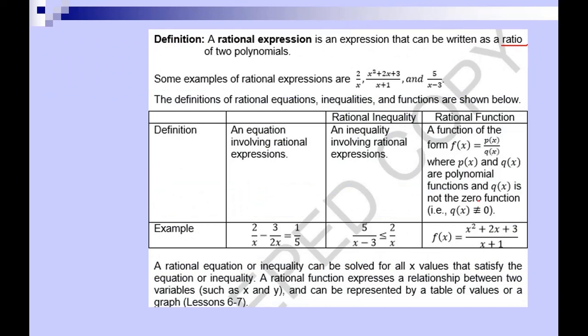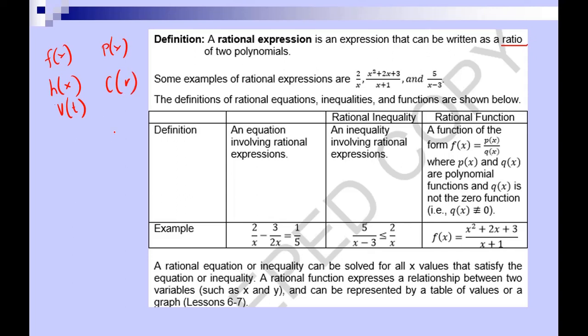Okay, rational expression, that is what I said earlier. So, it is not a function, not an equation, not an inequality. Okay? Just an expression. For example, this 2 over x. You will notice a function when there is an f of x, h of x, v of t, and so on, is equal to an expression, such as p of x or c of r.